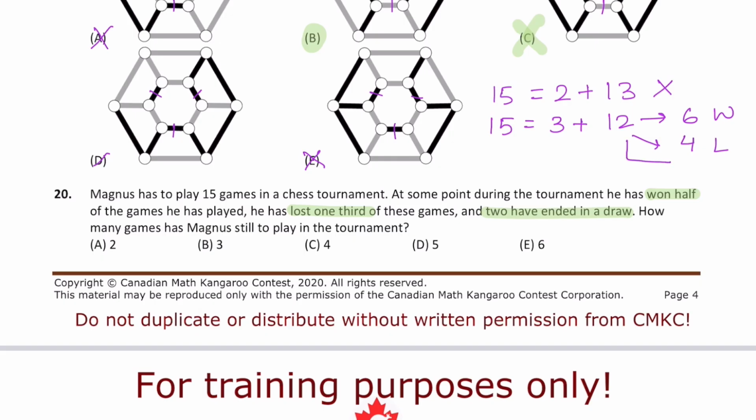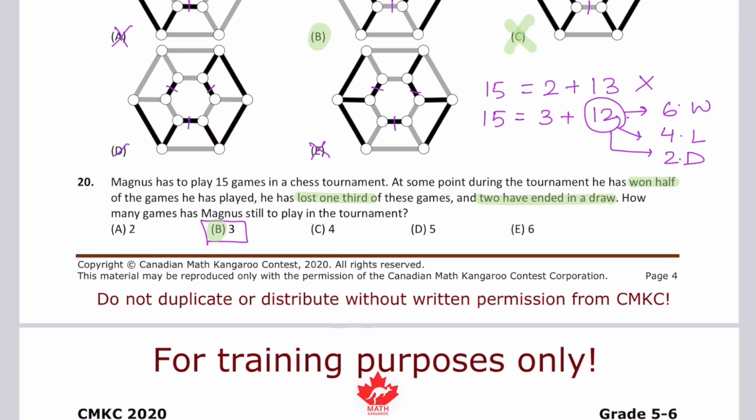And then there were 2 draws, right? That means 6 plus 4 plus 2, which gives us 12. That means he still has 3 games to play. So he at least needs to win a game or 2 to win.